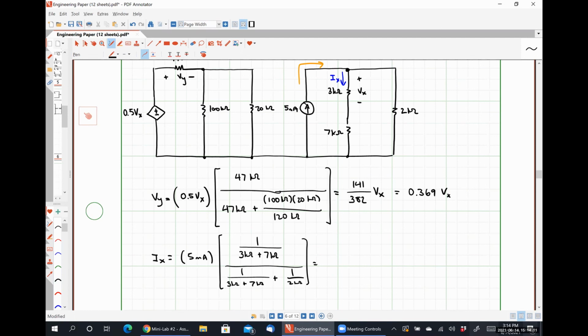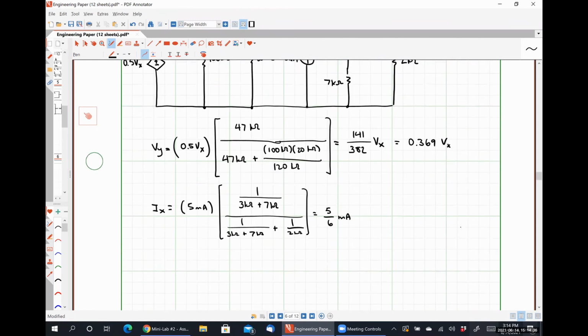And if I do this, I get my answer to be 5/6 of a milliamp, or 0.844, I think. .8333, sorry.